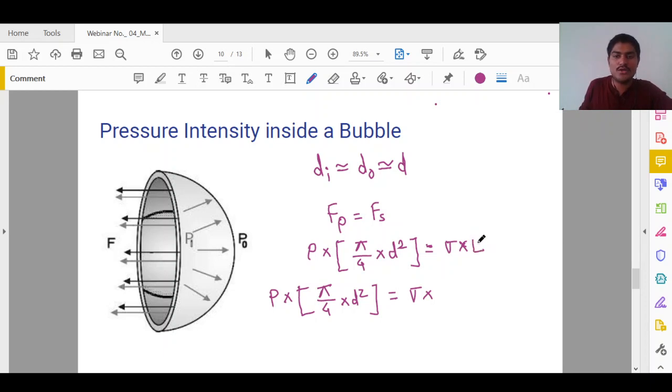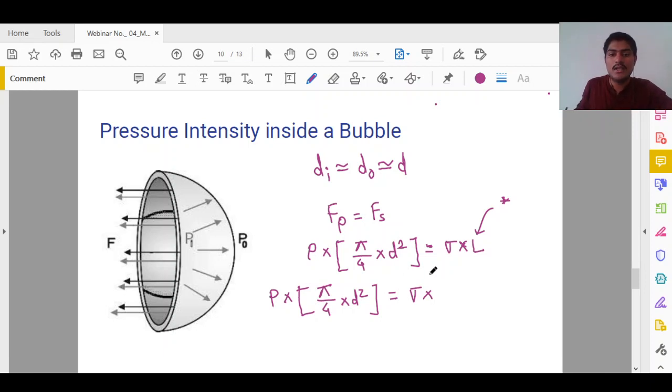Now this is the point of change. Here please be cautious. I will mark this with a star because this is important in this equation. Since this is a bubble, I have told you the bubble consists of two films, inner film and outer film. Surface tension force is acting on the surface of the inner film and on the outer surface of the outer film.